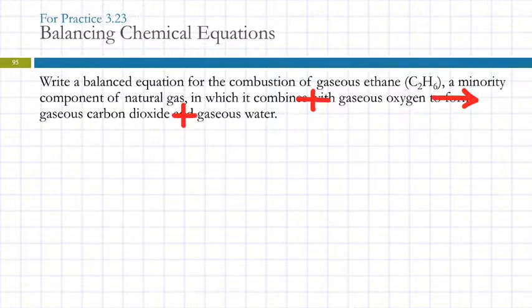So we need the formulas for these things. Gaseous ethane. I haven't taught you how to name or write the formula for ethane, so it's given to you there. So C2H6. And it tells us it's a gas, so that's all good there. Combines with gaseous oxygen. Well, oxygen is O, and it's a gas. Is oxygen a diatomic element?